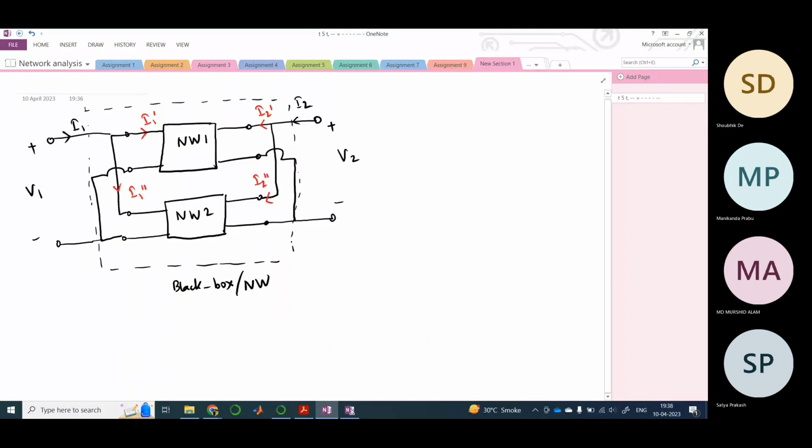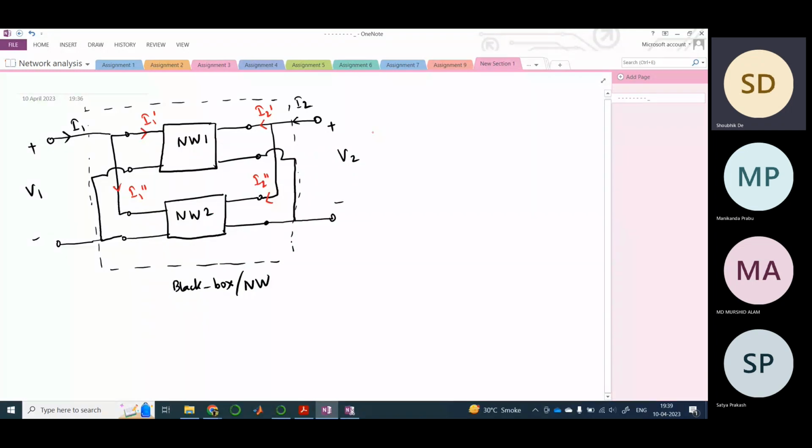So now, if V1 is applied to the total circuit, and if this is a parallel circuit, the same voltage is applied across both the networks, right? So the potential across network 1 would be V1 at the left hand side and V2 at the right hand side, same for network 2 as well.